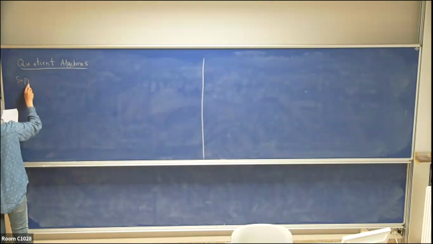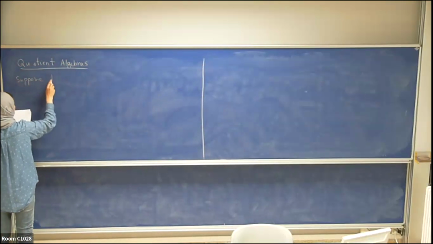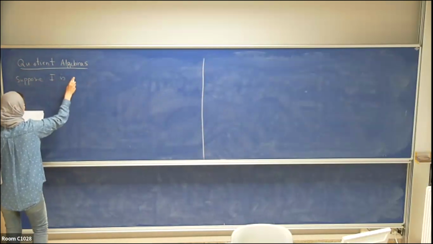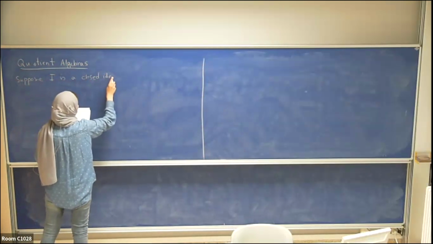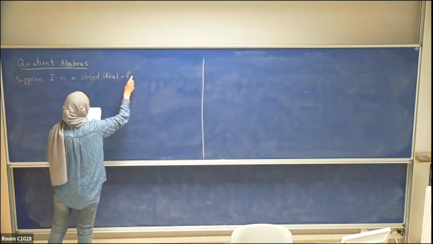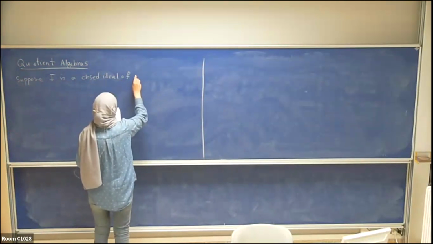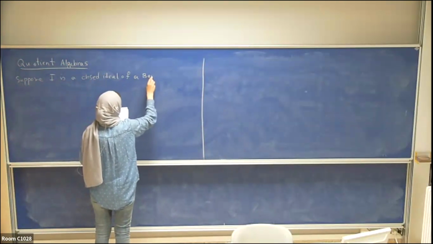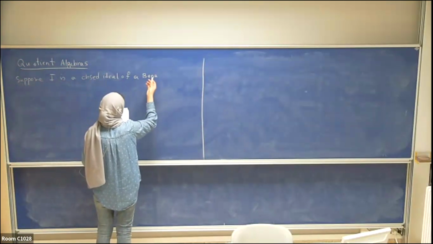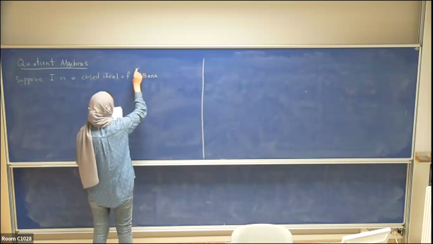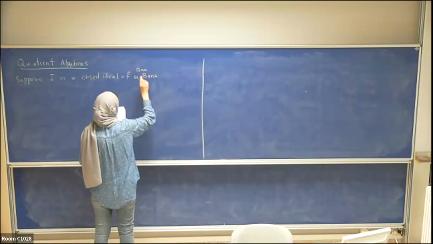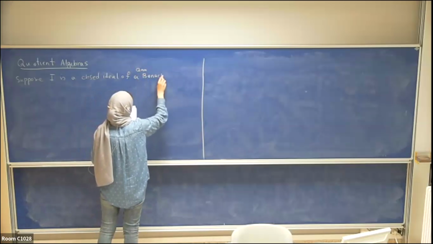Suppose that I is a closed ideal of a Banach algebra A, commutative of course. A means a commutative Banach algebra. Yesterday I told you commutative Banach algebra.